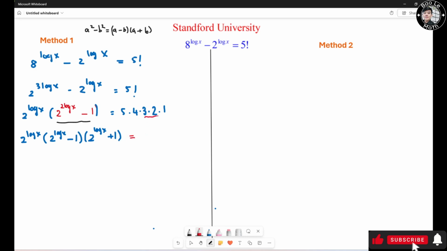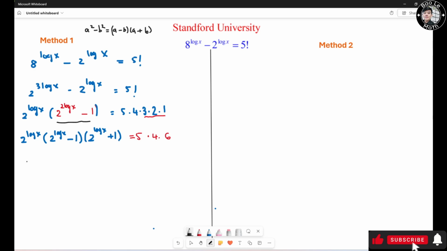Now the right hand side right here, I just combine these three terms. 3 times 2 times 1 is going to be 6, so I just write 6 right here, right? And then this guy is going to be 5 times 4. If you look at the left hand side, this is the product of 3 consecutive numbers, right? So I just rearrange them from the lowest to the highest.